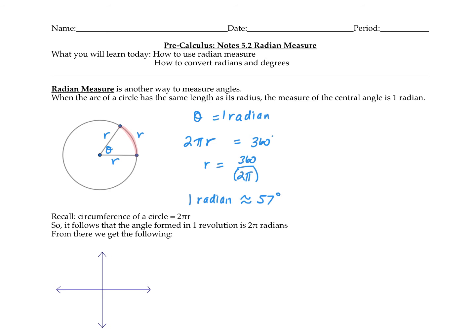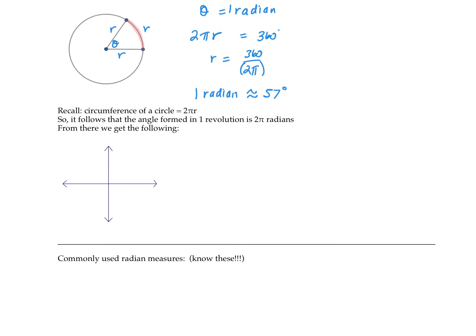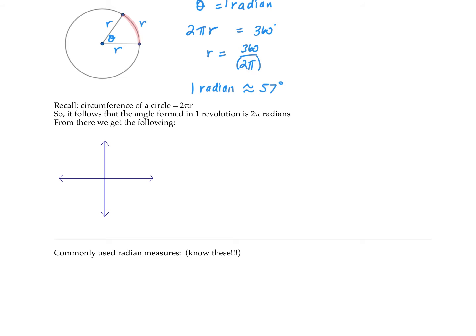Okay, so we're going to work with this idea that going from circumference, or the number of degrees in a circle, being 360, to get started on converting some of our familiar angle measures to radians. So if we complete one full revolution of a circle, that would be 2 pi radians.